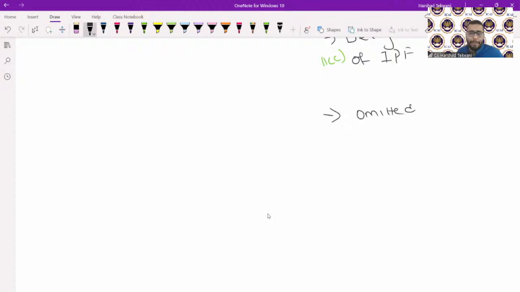It was part of the amendment. 11D was omitted, and instead of 11D, three points were added in 11E. So this is the amendment which has come to Rule 11.